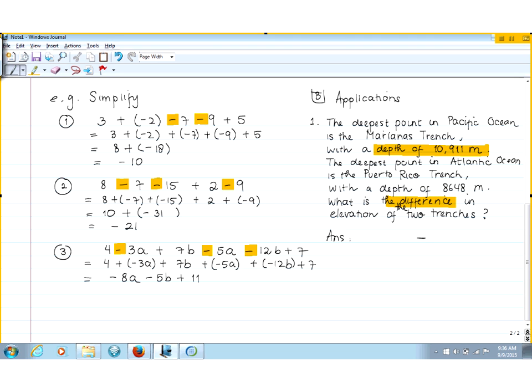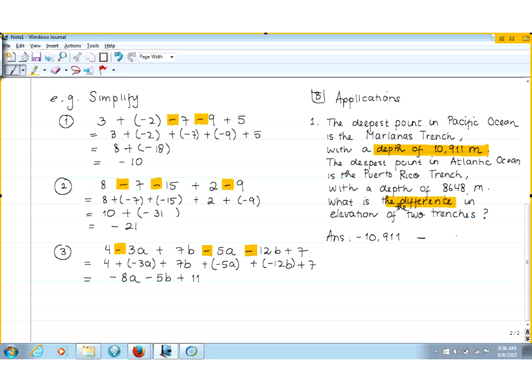Well, how do we represent the deepest point here? Positive or negative? So the depth of 10,911, it's below the surface of the sea, right? So is it positive or negative? Negative. So it's negative 10,911. So that is the deepest point in Pacific Ocean. What is the deepest point in Puerto Rico Trench?